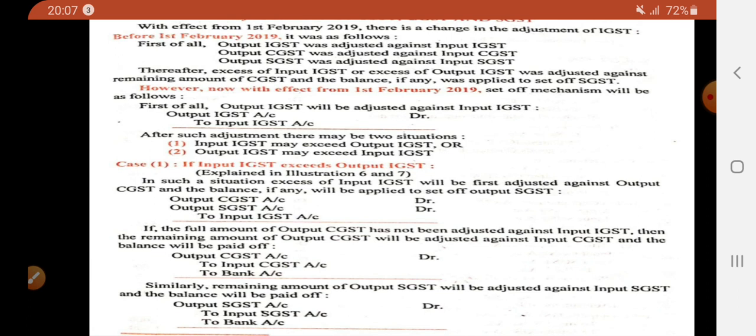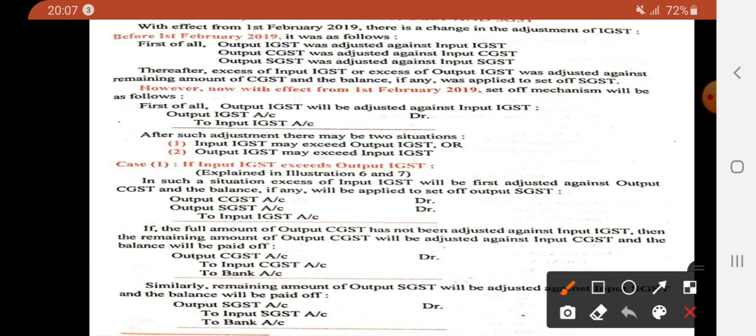However, now with effect from 1st February 2019, the set off mechanism will be as follows.